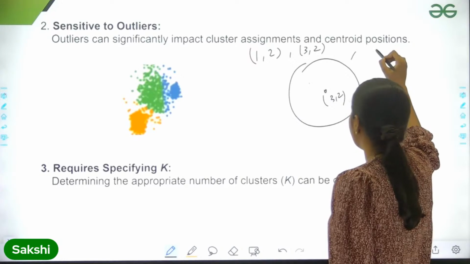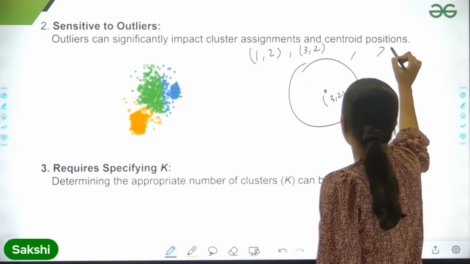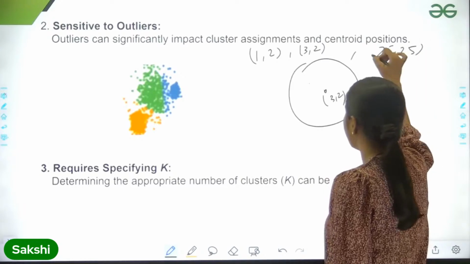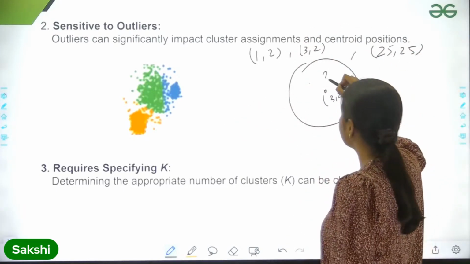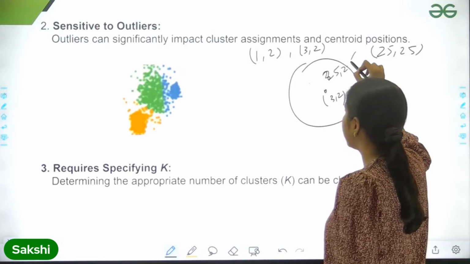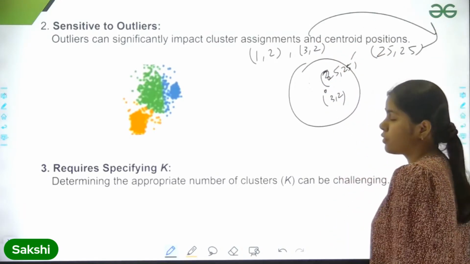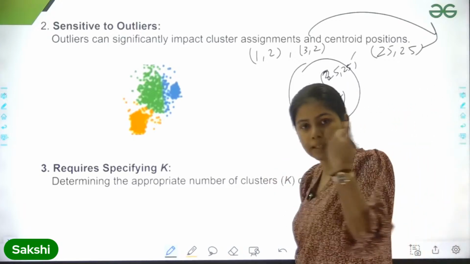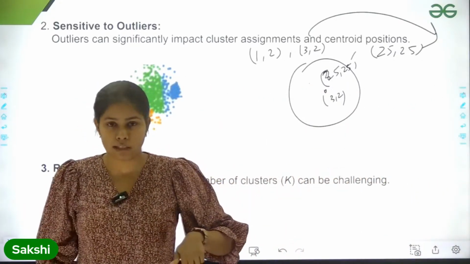And let's suppose we have one point which is an outlier, say 25, comma 25. Obviously we are taking points 1, 2, 3, 2, and then we have a sudden increase in the cluster, that is 25, comma 25. Now you can see that because of this point your centroid gets increased by a large value, right? So that would not work for me if there are outliers.